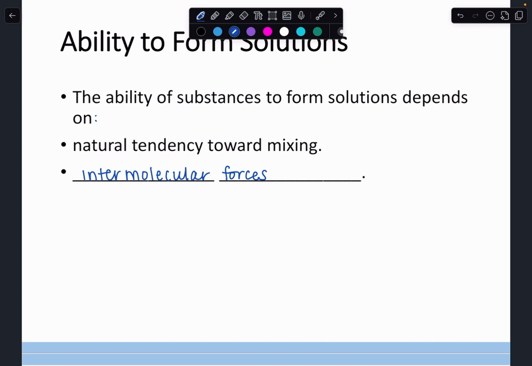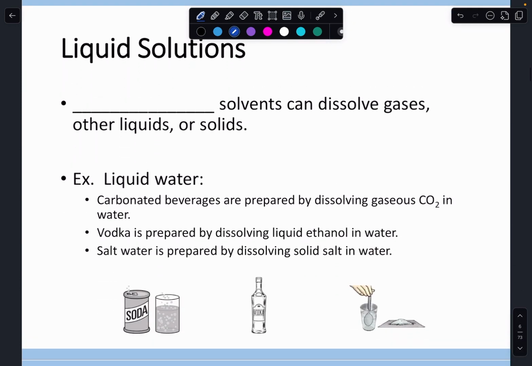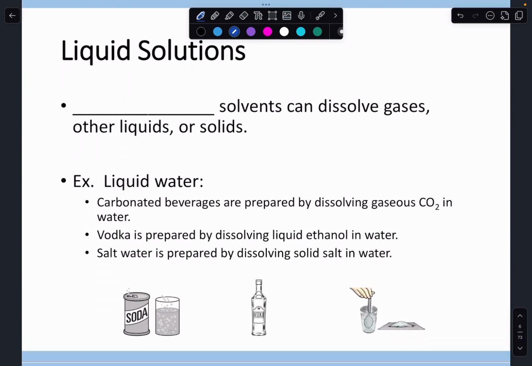And we will certainly talk about why intermolecular forces are important here. Next, we're going to talk a little bit about liquid, then about gas solutions, and about solid solutions. And then there's more to cover yet in this section. There's kind of a lot here.